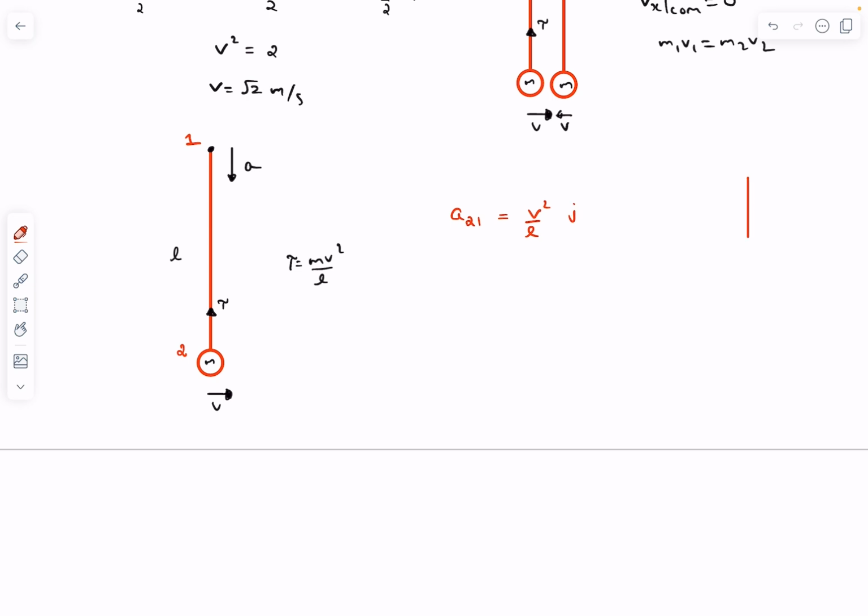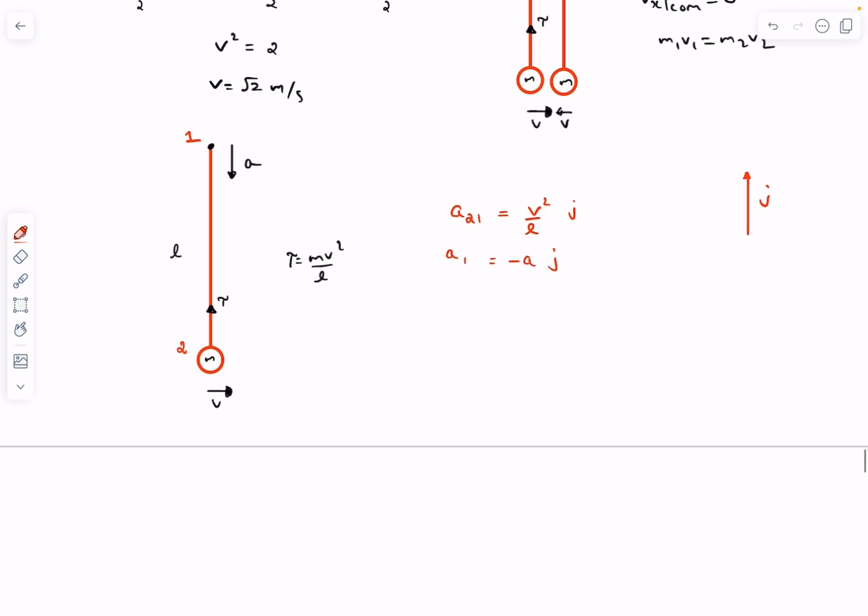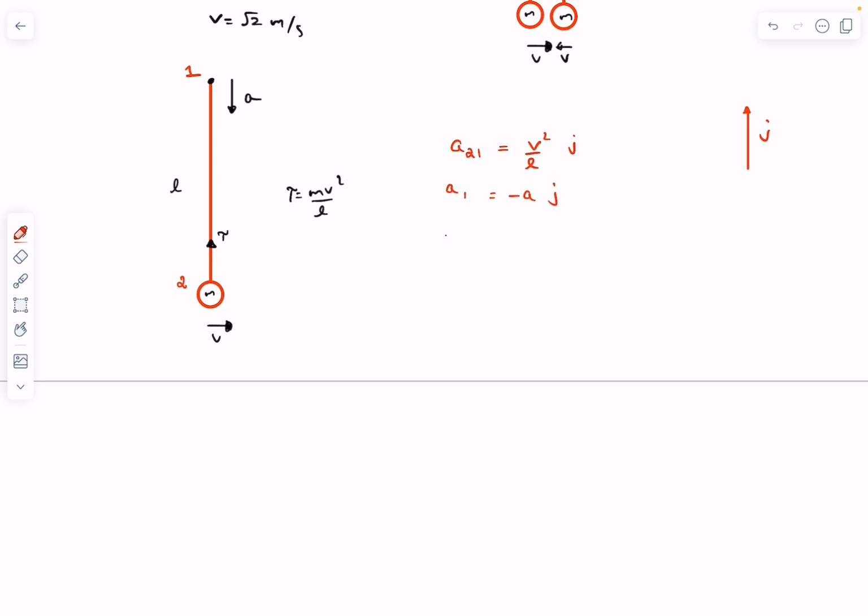I'm assuming positive j cap is vertically upward. But the acceleration of 1 is actually minus a in the j cap direction. Which means the acceleration of the small mass m in the ground frame is v squared by L minus a in the j cap direction.